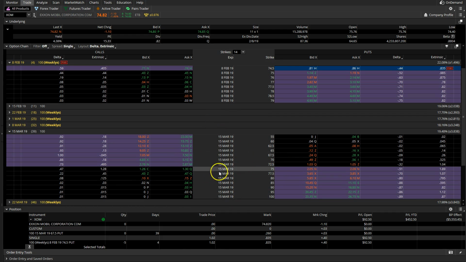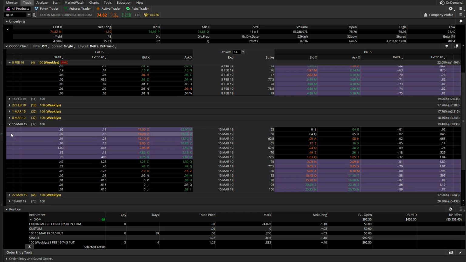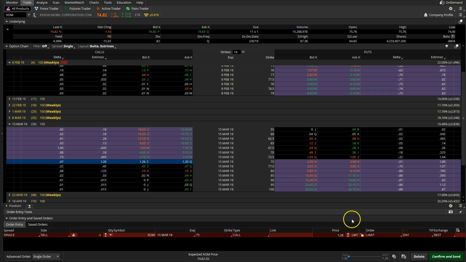So let's say I decide to do this 39 days to expiration call, or in this case on the 11th, I will get the dividend, right? So if I decide to sell the 75 at the money call, then I'll be receiving between 126 and 128. So 128 will be the mid price, and let's say if I do 5, then I'll get an additional over $500, basically over $600.